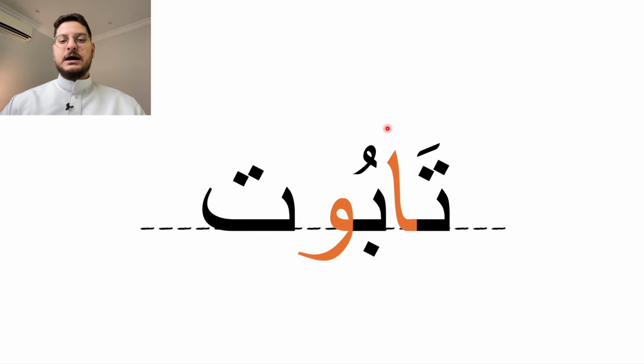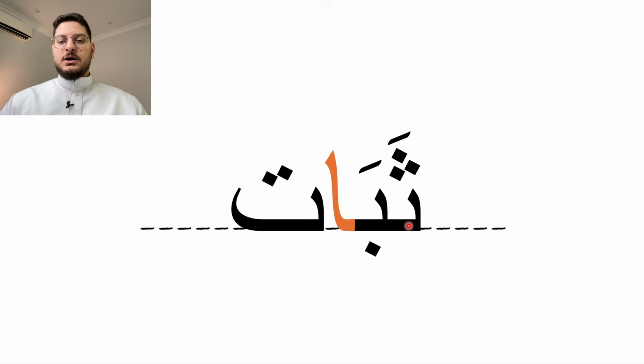So ta, bu. And then what do we have? We have the ta again, but this time with no vowels. And notice, if a letter is the last letter in a word, it will never have vowels. In Arabic, we always get rid of the vowel at the end of a word. So it's boot, ta, boot, taboot, which is a coffin.